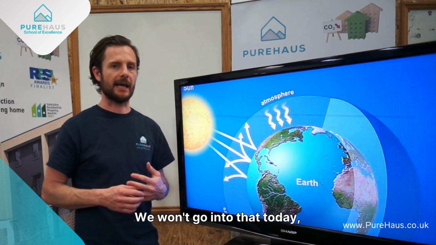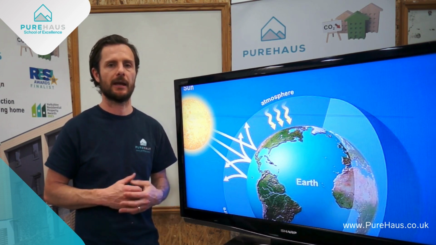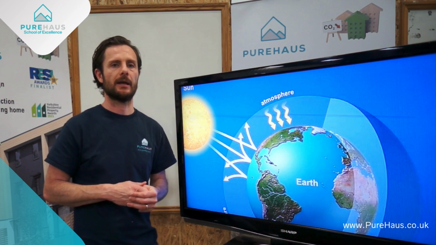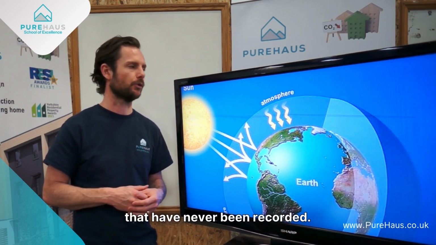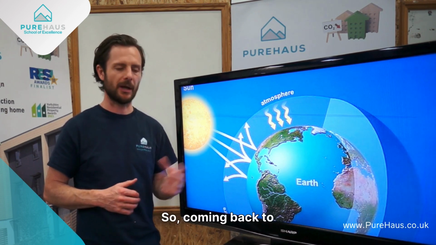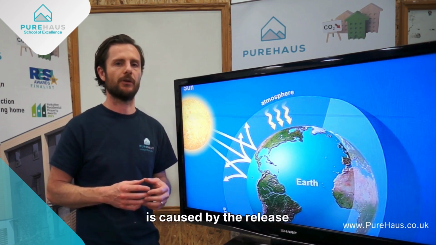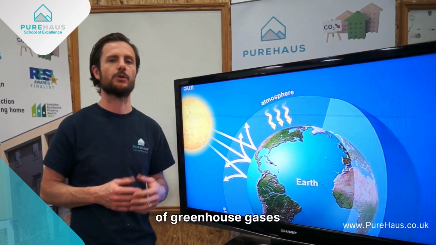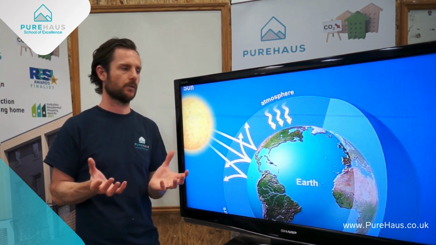We won't go into that today, but we all understand that climate change is an issue, from melting ice caps to heat waves that have never been recorded. So coming back to the greenhouse effect. The greenhouse effect is caused by the release of greenhouse gases into our environment that form this container around our planet.